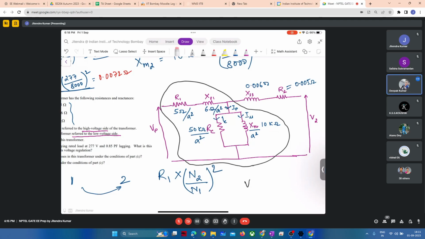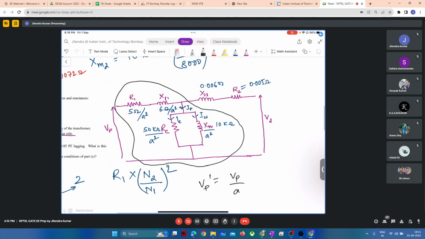Vp dash, we can write that Vp by A, and the logic I told you, that you are referring it to the secondary side, so Vp into N2 divided by the side you are coming from.